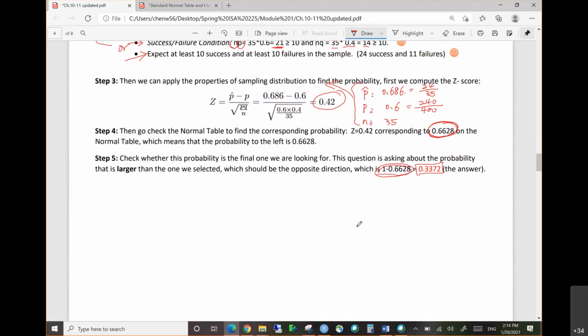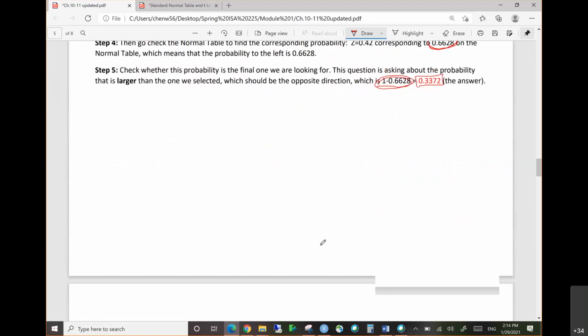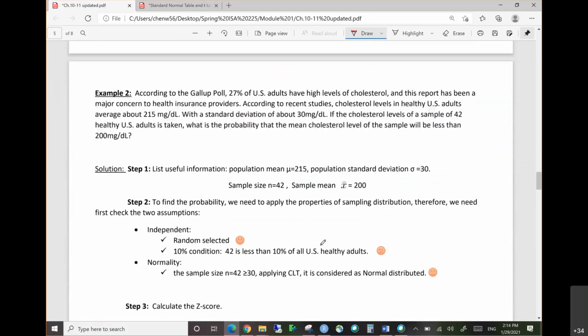Good. All right, so next, another example. According to the Gallup poll, 27% of United States adults have high levels of cholesterol, and this report has been a major concern to health insurance providers.